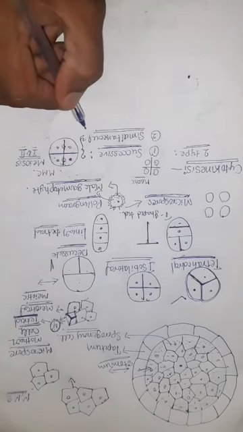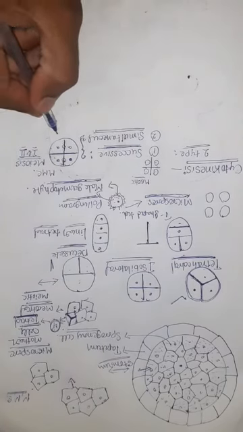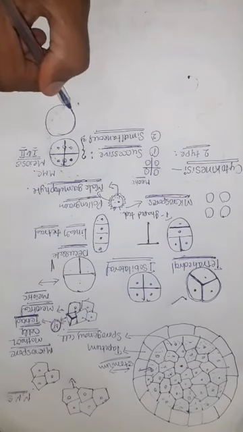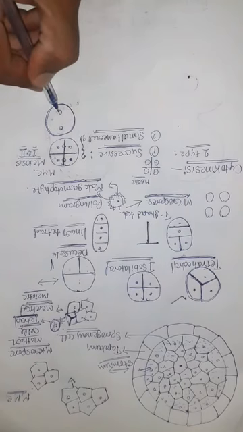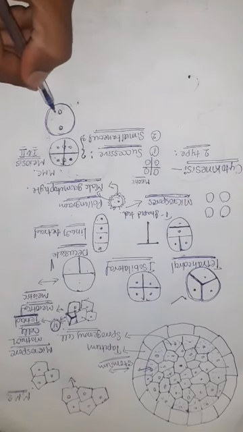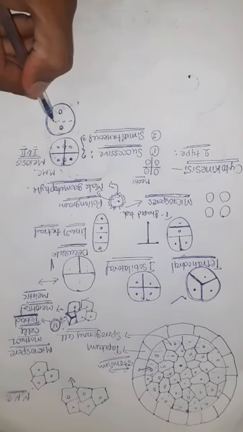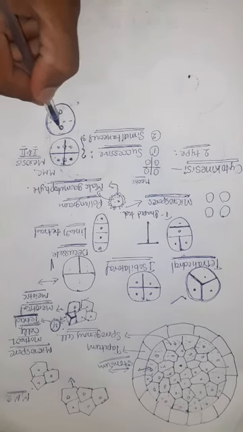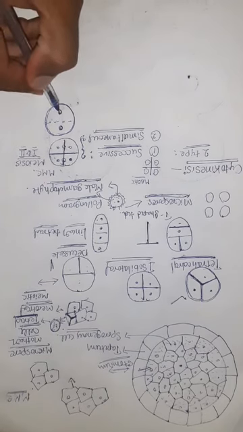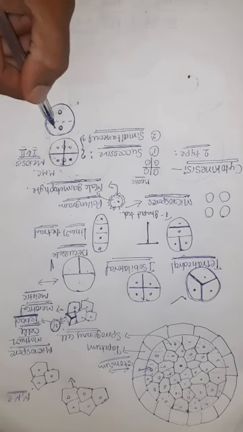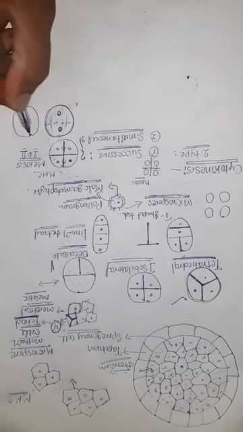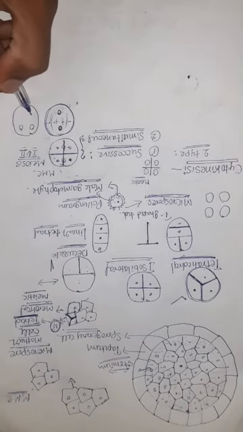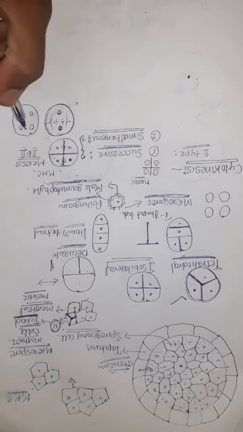But in the simultaneous type, the first meiotic division of the MMC, that is the pollen grain mother cell or microspore mother cell, is not followed by wall formation. Only karyokinesis takes place, meaning only the nucleus divides into 2 while the cytoplasm remains one. Then the second meiotic division also takes place, so we get 4 nuclei within one cell.